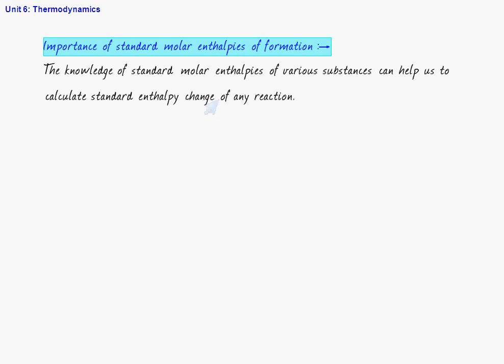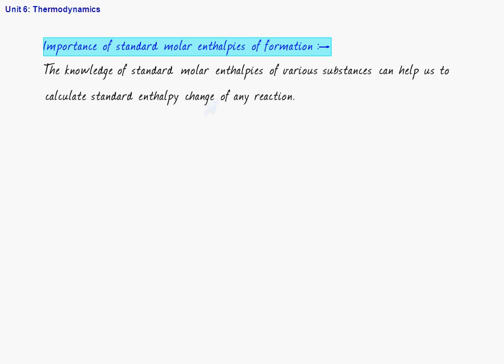If you know the standard molar enthalpy of formation of the reactants and the products, but one reactant or product is unknown and the standard enthalpy of reaction is known, then the standard enthalpy of formation of that reactant or product can be calculated. Now, what is the formula?